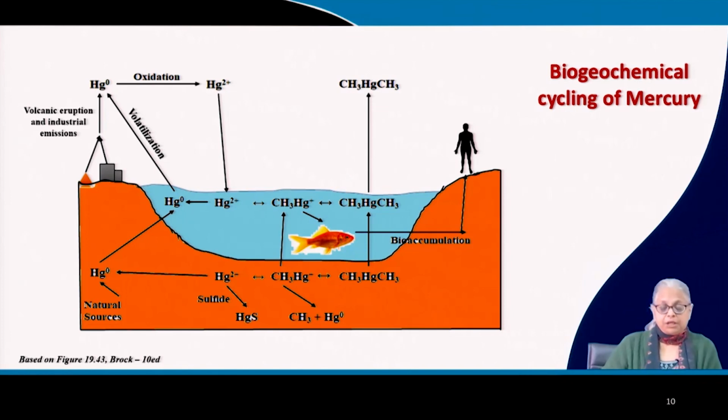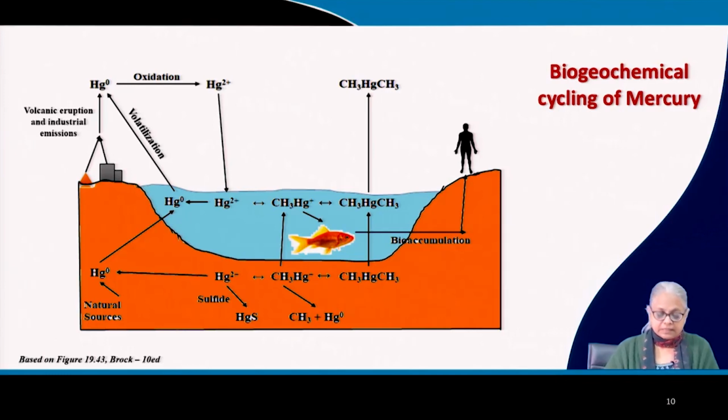So here we have the biogeochemical cycling of mercury. What is released into the air is mostly elemental mercury. It gets photochemically converted to Hg2+. Hg2+ will absorb to particles in air, in water. It will come down through the water, through the sediment, through the air, wet and dry deposition, all this will bring it down.